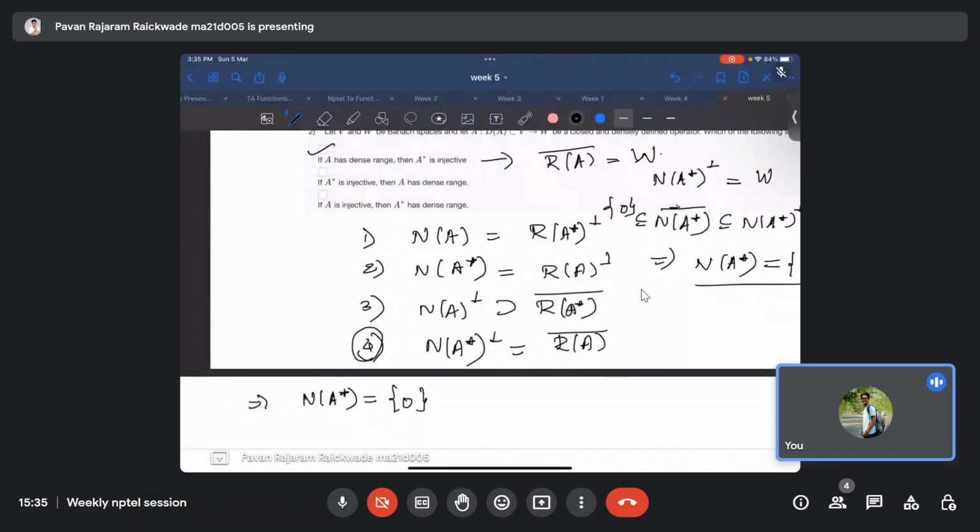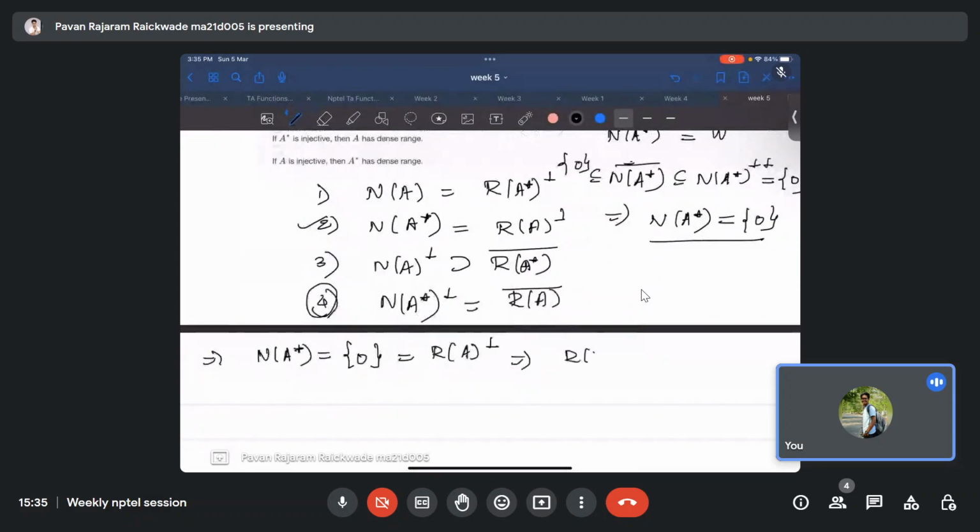We want to show that range of A closure is the whole space W. Null space of A star is the same as range of A perp, right? From the second property, this will imply range of A perp will be the whole space W, and this is the same as range A closure, right? So range of A closure is the whole space W. That means A has dense range.